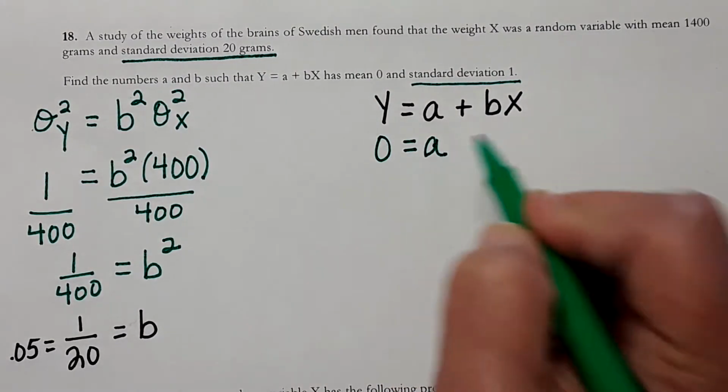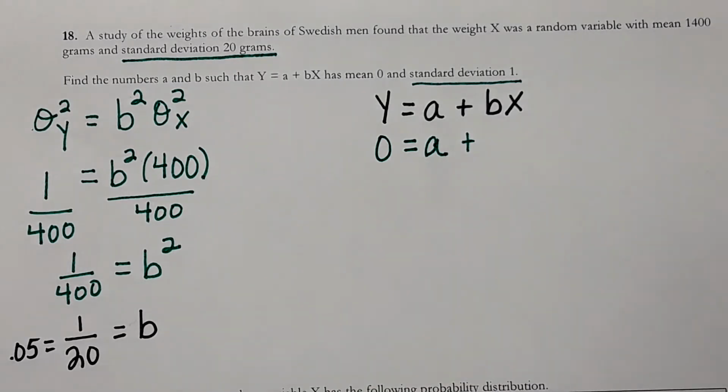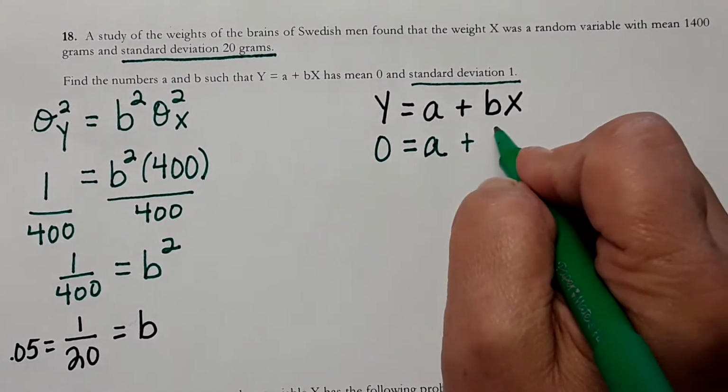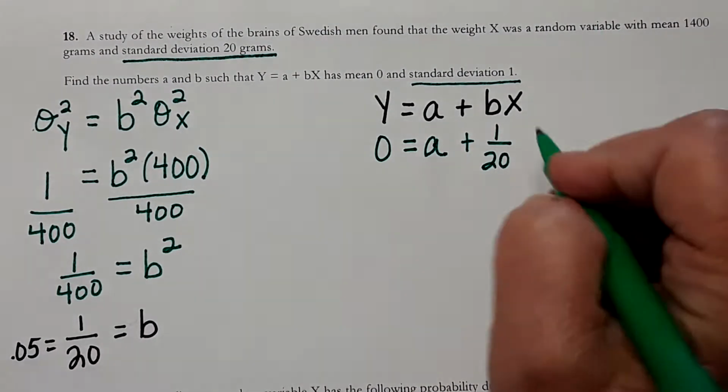I don't know A, but I do know B. I just found B. Now I'm going to tell you for this part, I think I used 1 over 20 because I could do that without a calculator, but it's up to you. But when I write my final answer, I use the decimal.